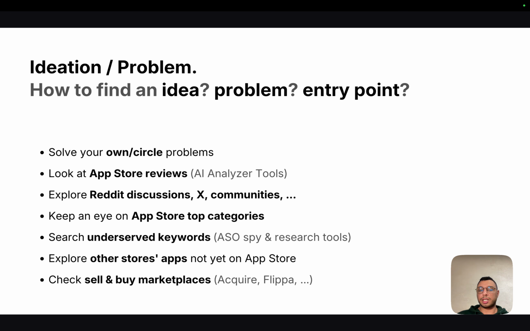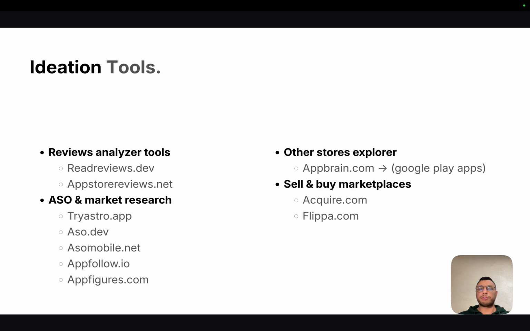Also, we can check the marketplaces used for selling and buying apps and try to figure out good apps that have been profitable in recent months. It could be a great entry point for our next app idea. So for this part of ideation, we have multiple tools we can use, like the reviews analyzer tools.